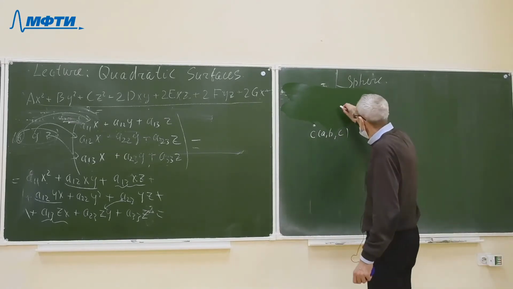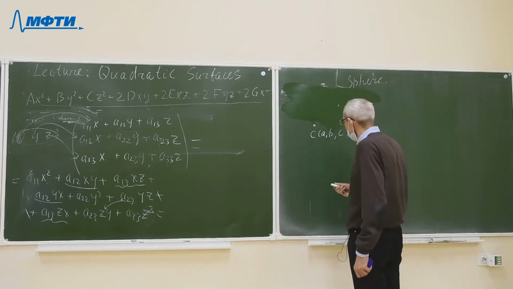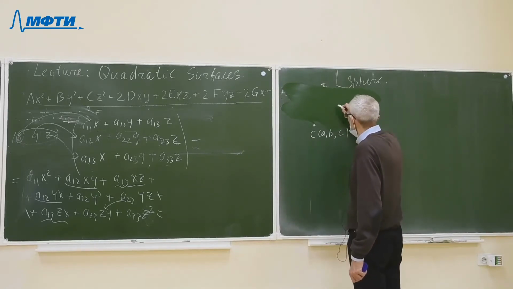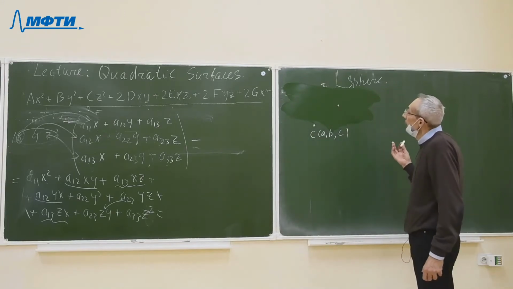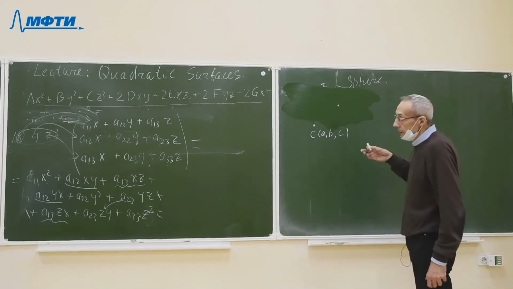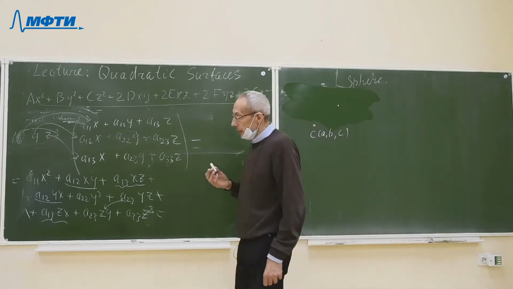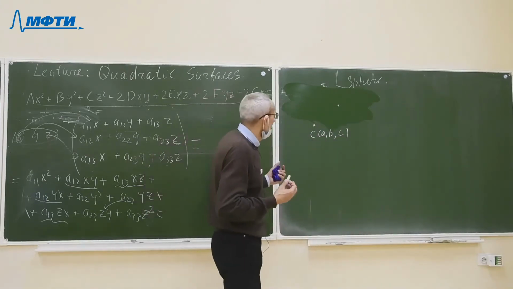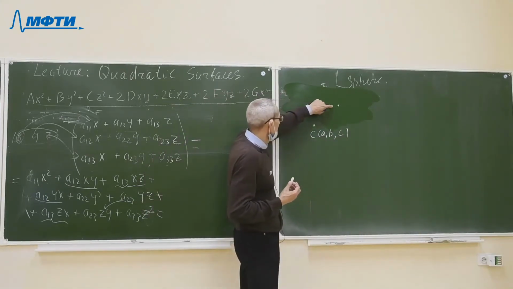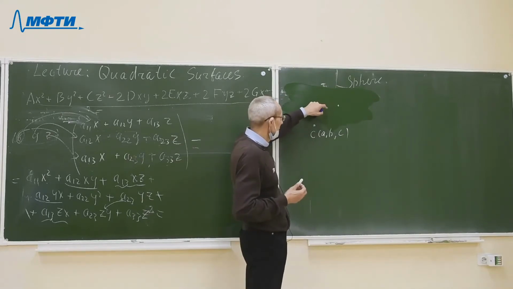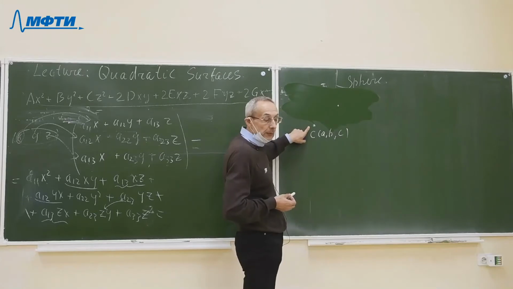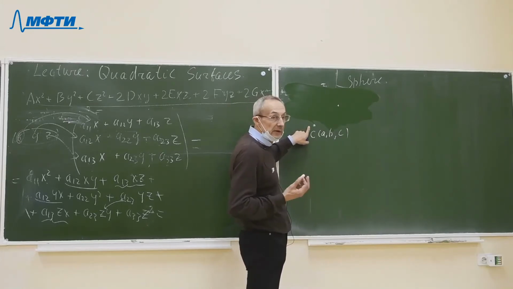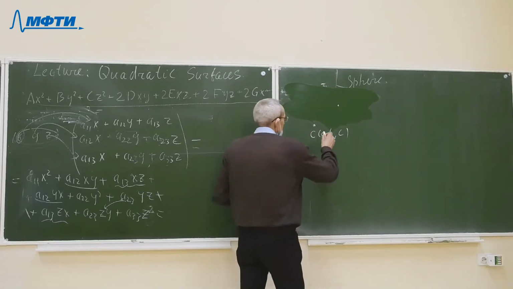The sphere is defined by the condition: the sphere is the locus of points whose distance from our fixed point C is a constant.